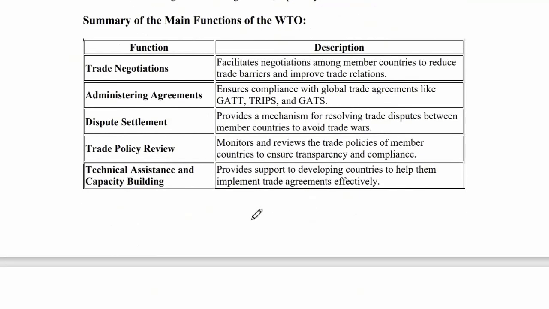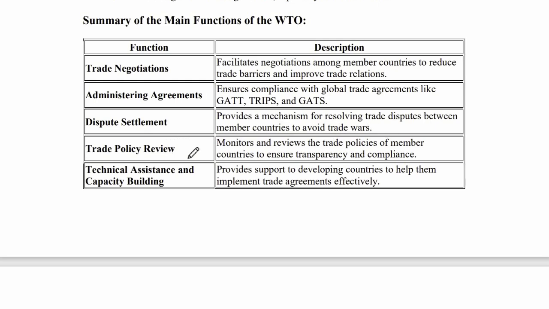Let's summarize the whole WTO functions. Trade negotiations facilitate negotiations among member countries to reduce trade barriers and improve trade relations. Administering agreements ensures compliance with global trade agreements like GATT, TRIPS, and GATS. Dispute settlement provides a mechanism for resolving trade disputes between member countries to avoid trade wars.